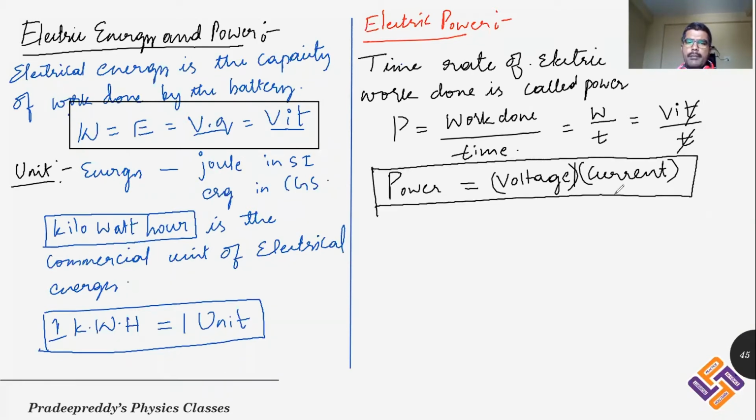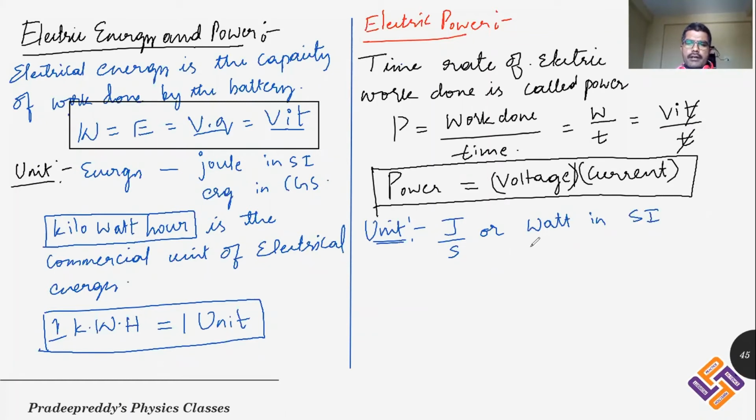So P can be written as V into I, and the unit of electric power is joule per second, or you can call it watt in SI system.